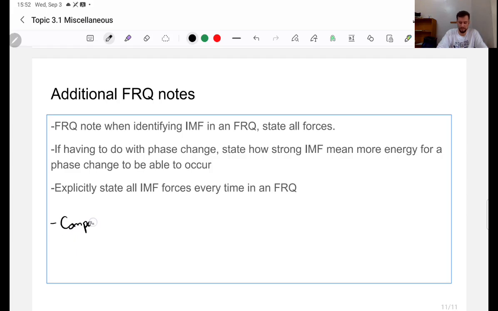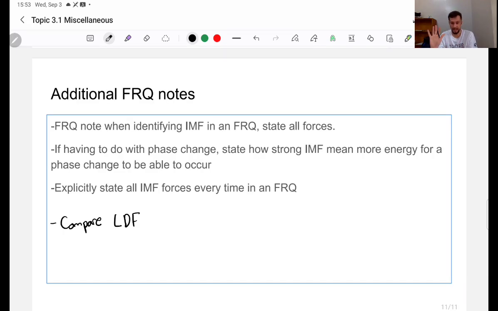So if the main difference is not strength of LDF forces, show that you know that and say something like the size of both of these molecules is comparable, so the difference in intermolecular force strength between them is not due to LDF. So you have to differentiate: is it because one has hydrogen bonding and the other just has LDF?